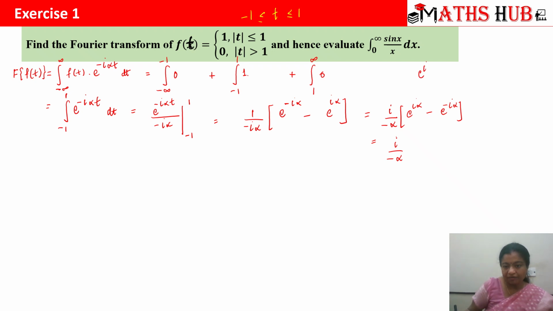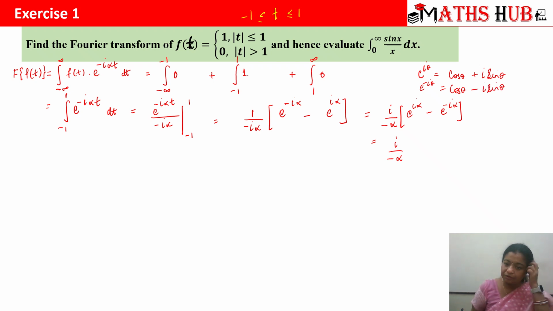You know that e to the power i theta is nothing but cos theta plus i sin theta, right? And e to the power minus i theta is equal to cos theta minus i sin theta.